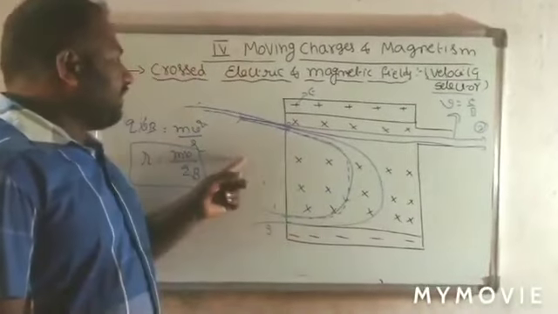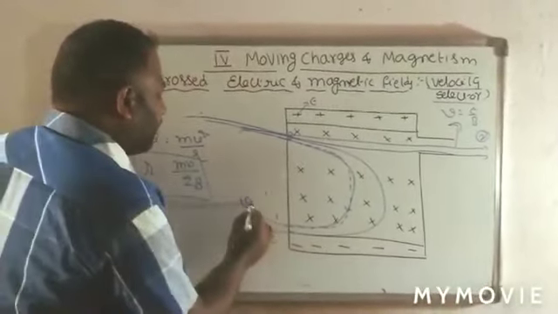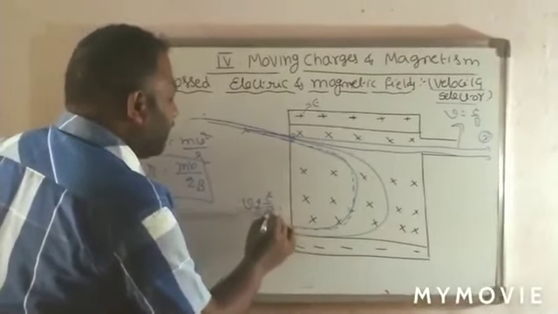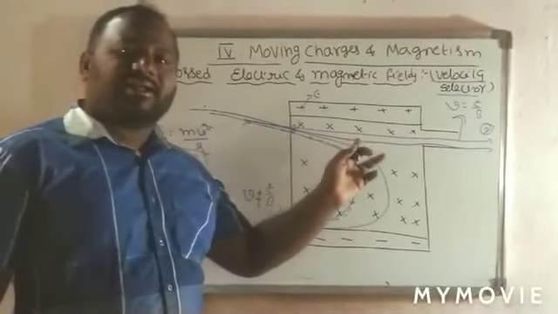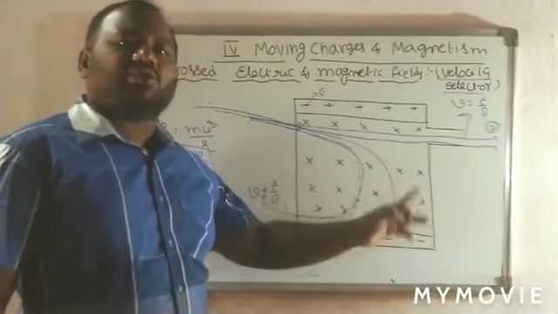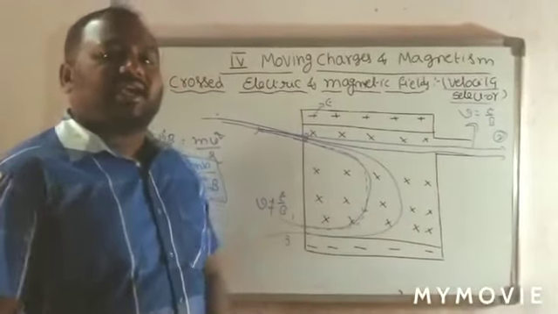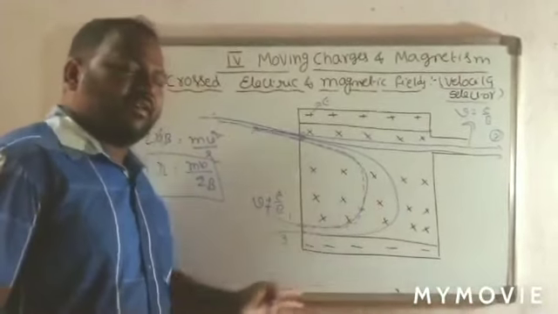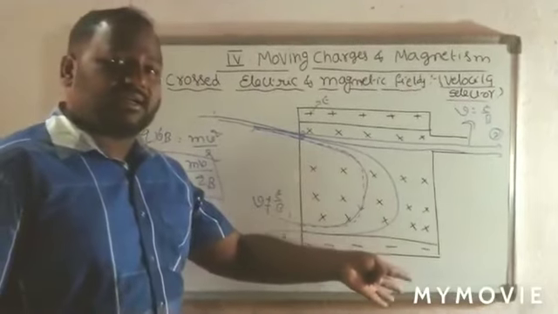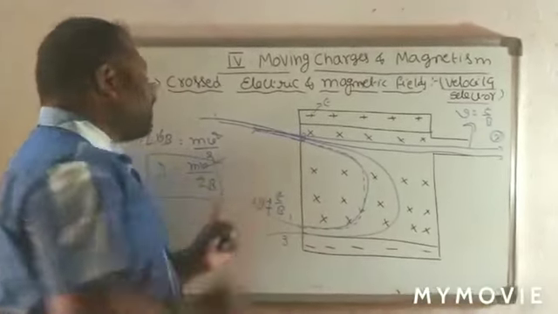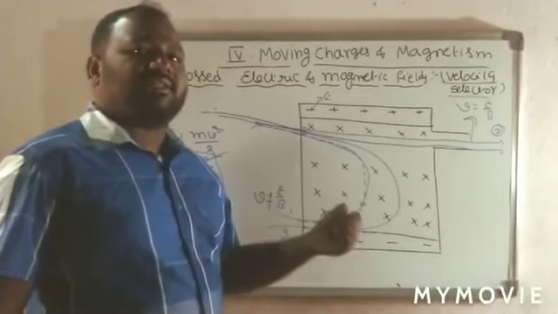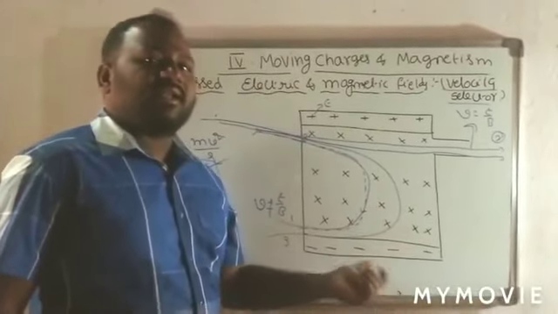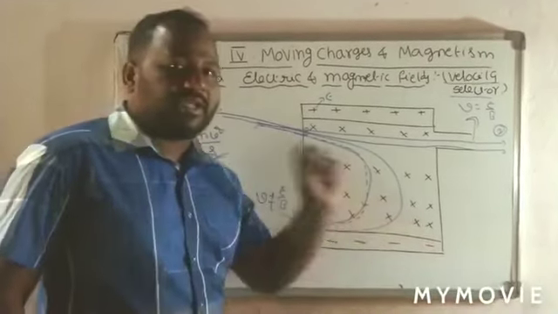But if the velocity is not equal to E by B, then those particles are deflected by the electric and magnetic fields, and they take different helical paths. Those helical paths depend upon the velocity of the particles. If the velocity of any particle is more, then its radius of helical path will be more.